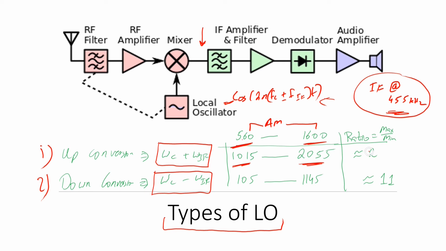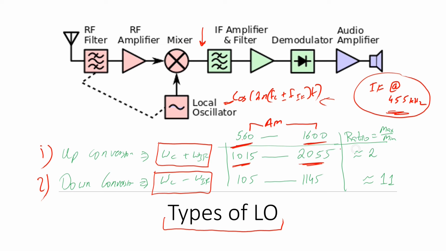The ratio is 2. On the other hand, if we are using down conversion, the maximum is 1145, and if we divide that by 105, we have approximately 11 as a ratio. These two ratios determine how easily we can tune in to a particular station between 560 and 1600.